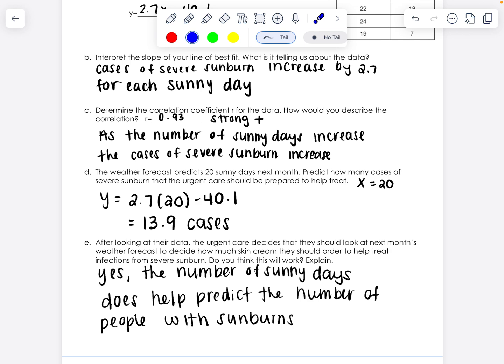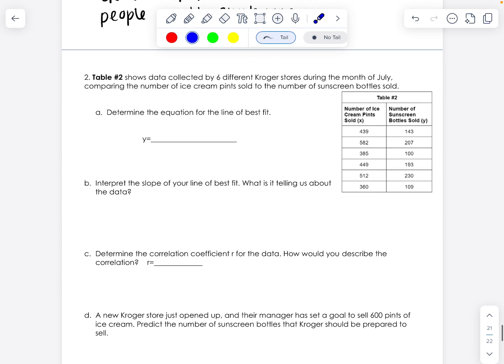And we're also going to go back to Desmos to enter our new data. So you're going to Desmos. And we're going to clear out what we had before.